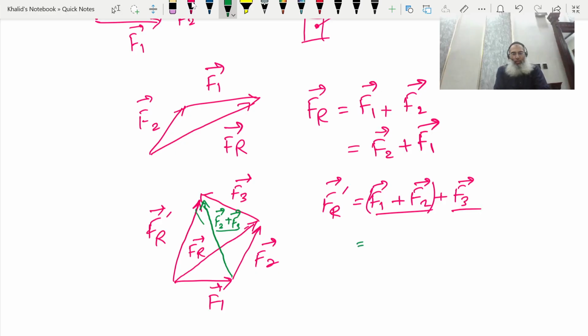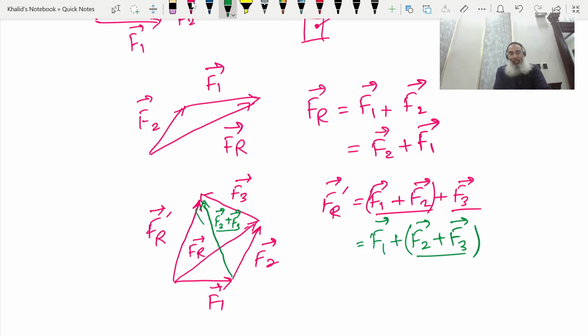So I can write it this way: firstly I added F2 plus F3, these two forces, and then I add the result of these two forces to F1.